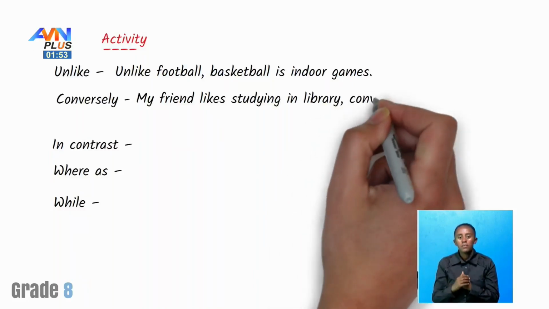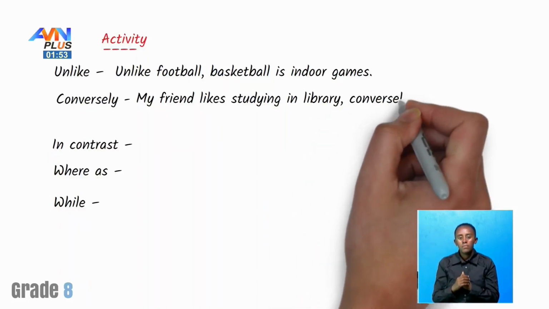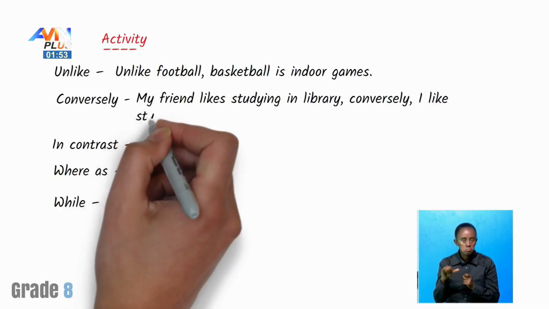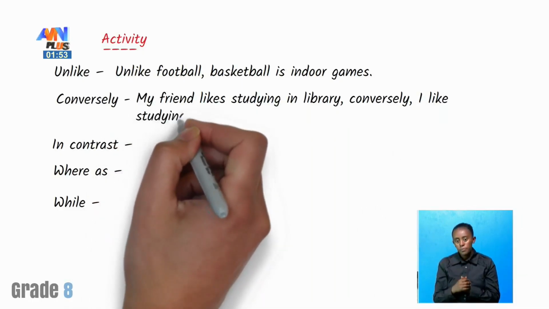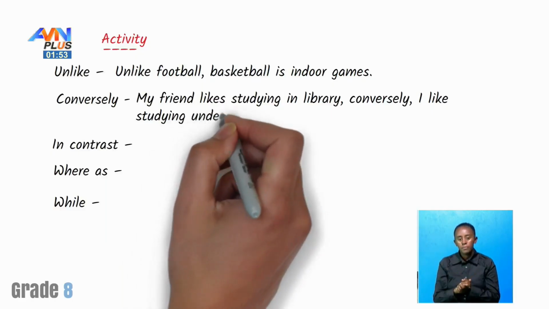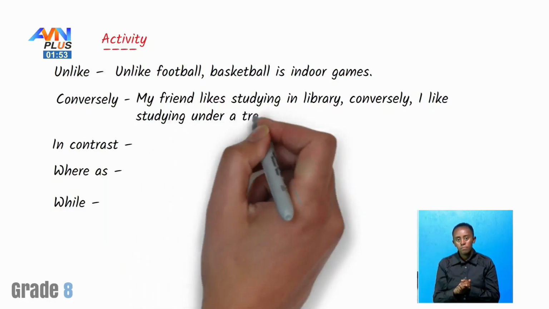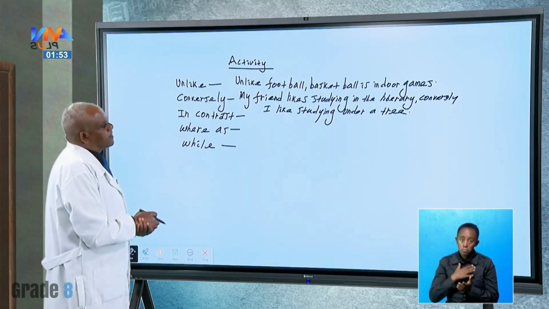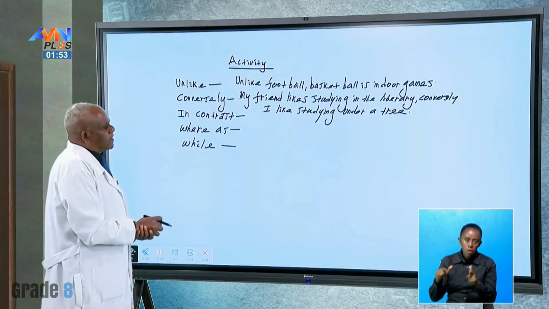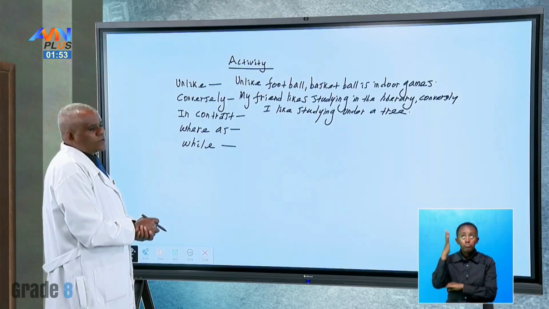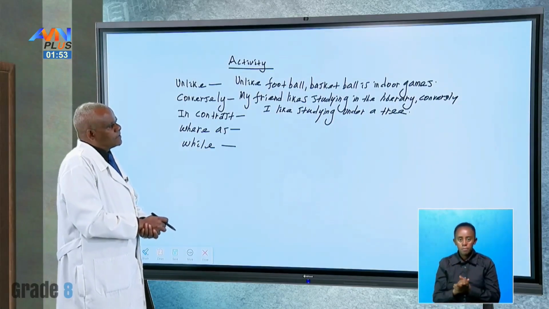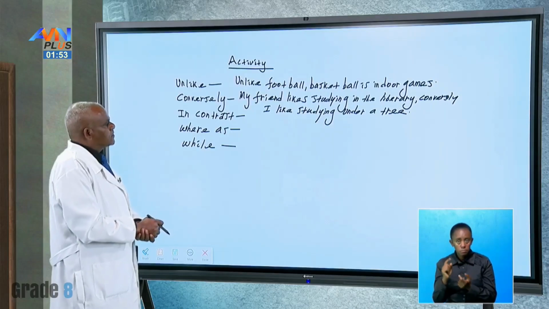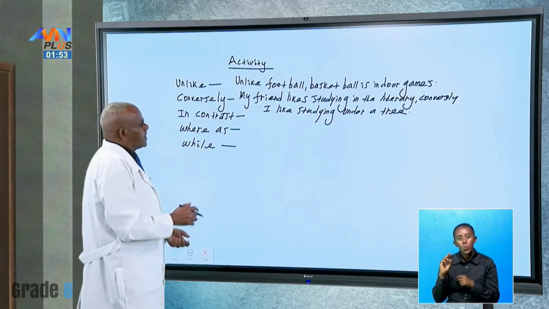Conversely, I like studying under a tree. Look, my friend likes studying in the library. Conversely, I like studying under a tree. These are the common contexts, right? In contrast. Very nice.